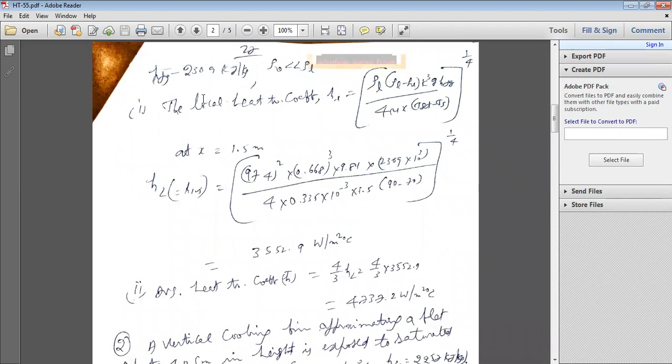Now, h fg at the saturation temperature of 90 degrees is 2309 kilojoules per kg. Generally the density of vapor, rho v, is very, very small compared to the density of liquid, rho L. That's why, for the local heat transfer coefficient for a vertical plate, how do you calculate?